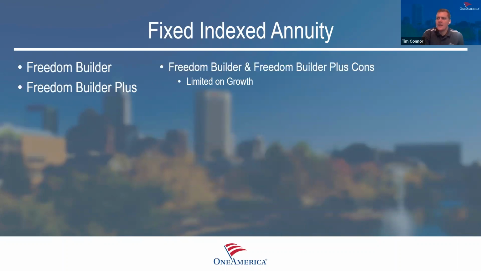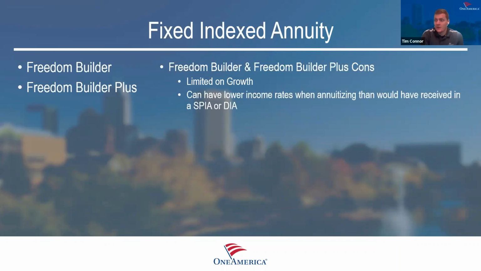All right, so the cons, it is, again, limited on that growth. It can have lower income rates than if you were to just do a straight SPIA at that time, right? So, but it does give you that SPIA option. Just it's always important to kind of compare rates, right? And it's not 100% liquid within the surrender charge period.